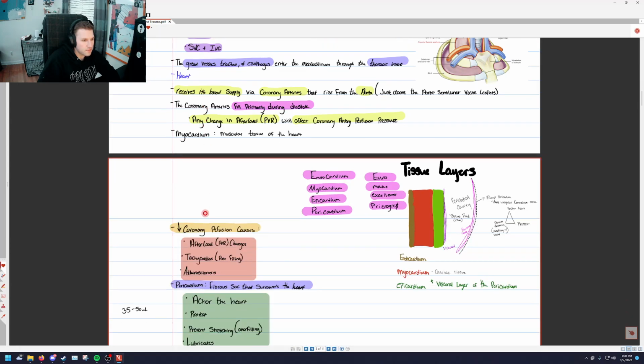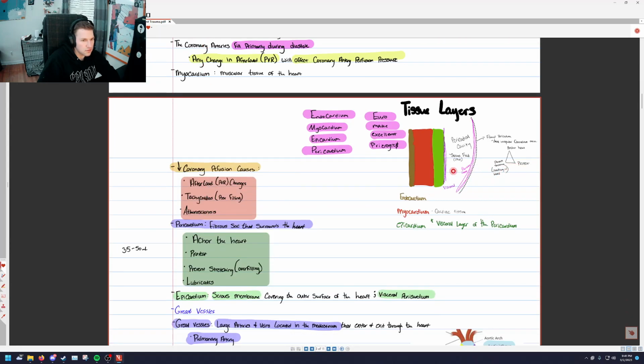The heart, we should all know this. So the heart actually has a pericardial cavity, which also carries serous fluid. This is going to help anchor the heart, protect it from any trauma, and prevent overstretching. And it will go the endocardium, myocardium, and epicardium.